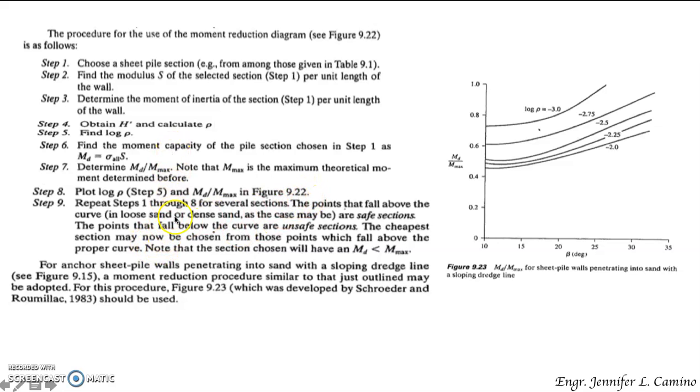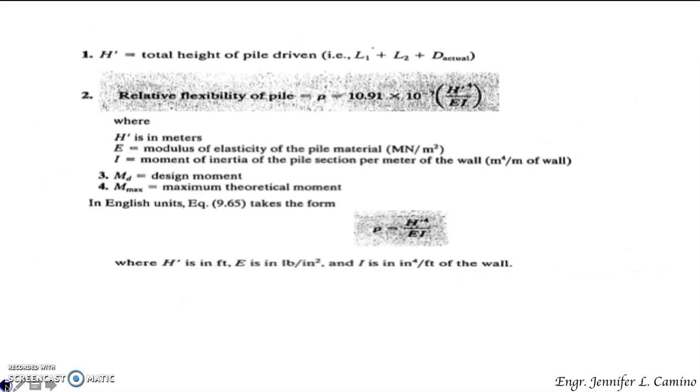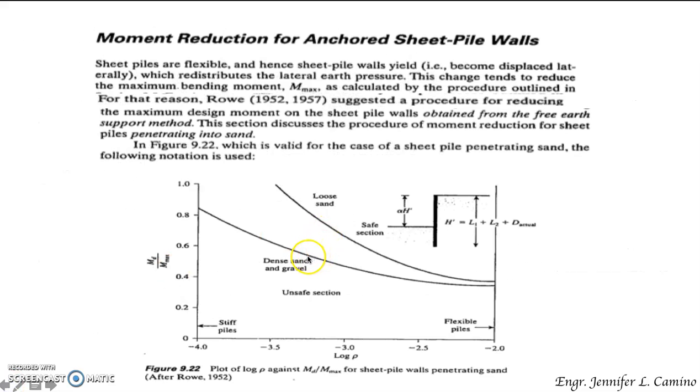Then, of course, you have to repeat steps 1 to 8 for several sections of the sheet pile. So the points that fall above the curve in loose sand or dense sand, as the case may be, are safe sections. So meaning to say, if the points lie above dense sand and loose sand, they are safe sections.